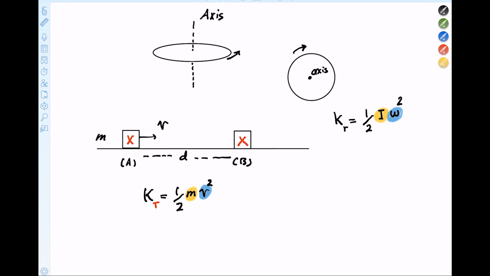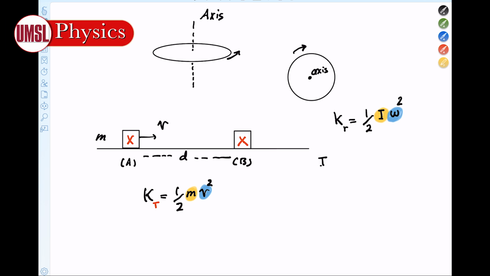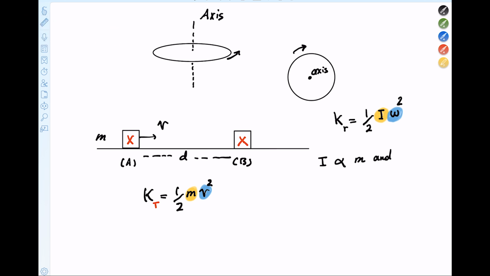So these are looking very similar, but for rotation, I is the moment of inertia. This I is related to the mass of the object and the radius of this object. For example, for this disk, this would be the radius r. So it not only depends on the mass of the object, but also depends on the distribution of the molecules.